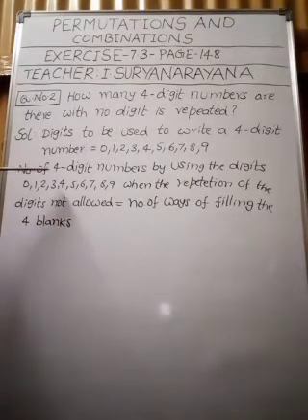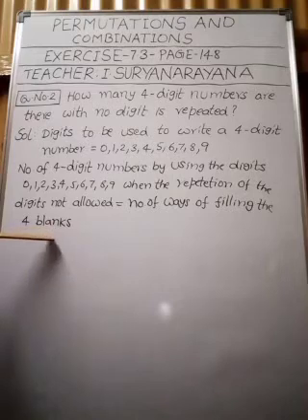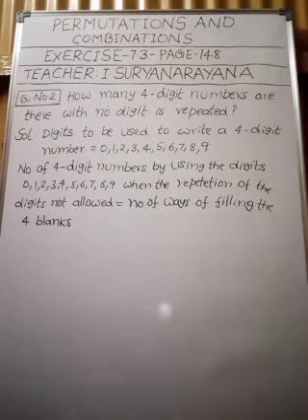How many digits should be there? 4 digits. So we are taking 4 blanks. Okay, my children.